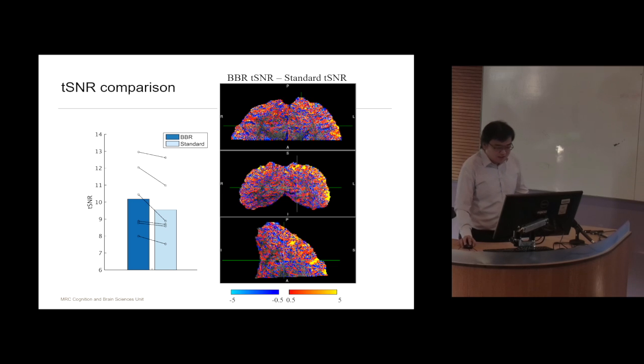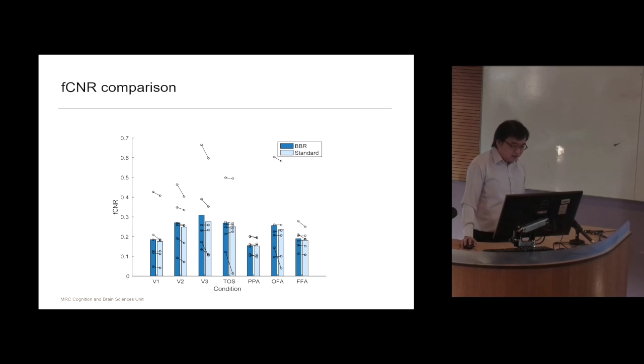And you can see that BBR really helps a lot more in the surfaces, and this is kind of expected because we are driving this whole realignment using the boundaries. Right. And the next thing we looked at was the functional contrast to noise ratio.